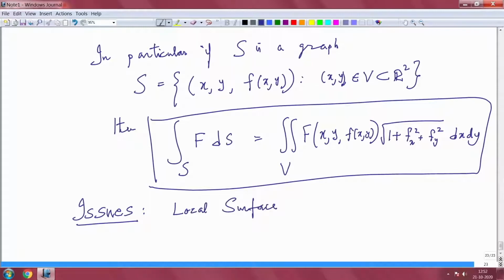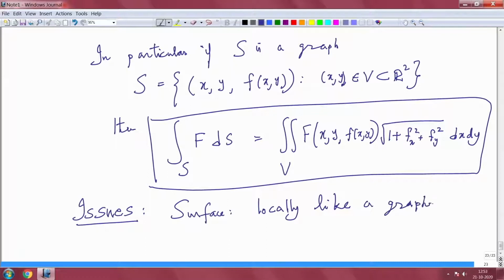So, locally it will be like a graph. That is where the results are more difficult to prove. It will be like a local graph, and then you have to patch them together.